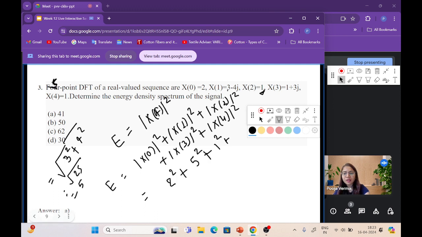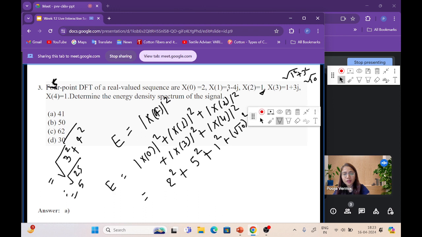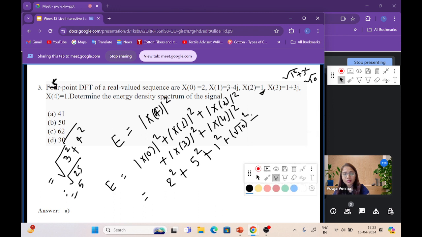Similarly, root of 1 square plus 3 square, so root of 10. So root of 10 square plus x of 4 square, that is 1 square.